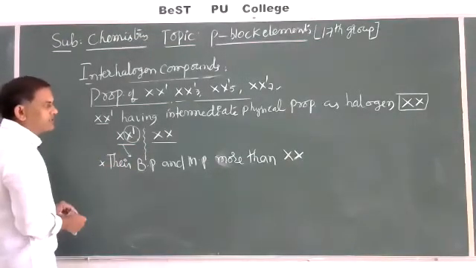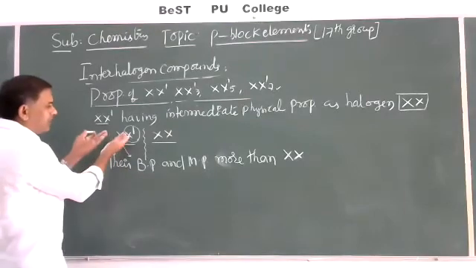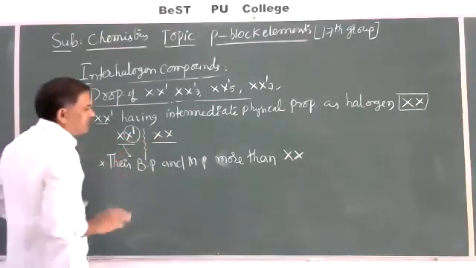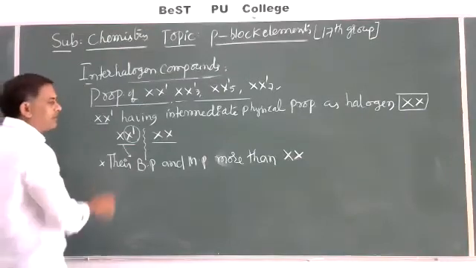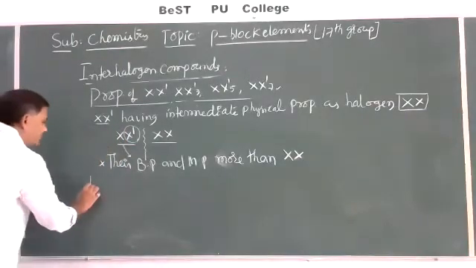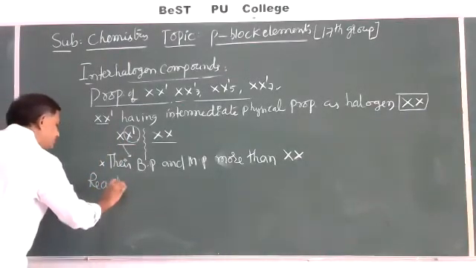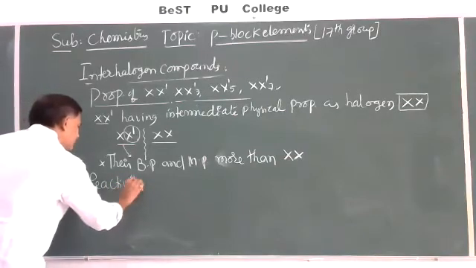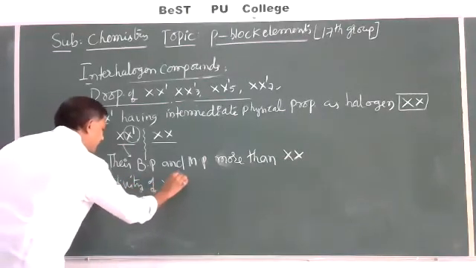Remaining physical properties are intermediate between interhalogens and halogen compounds. Then here, reactivity of these interhalogen compounds. Reactivity of X and X dash.